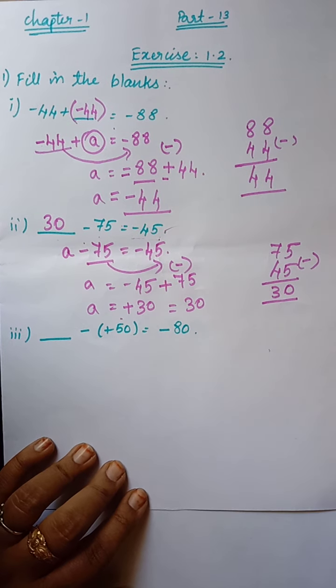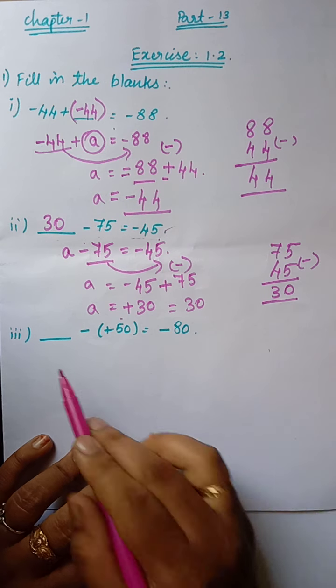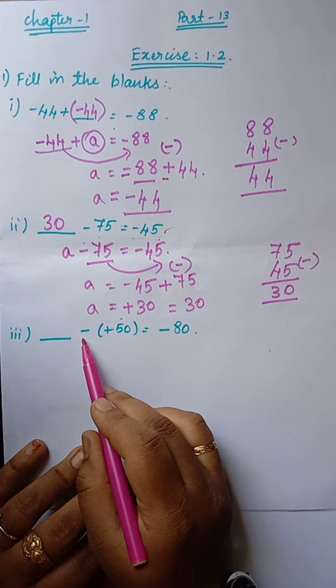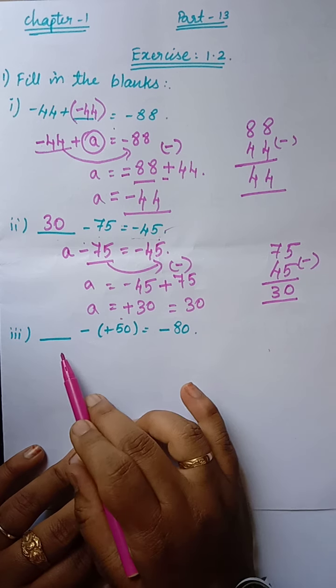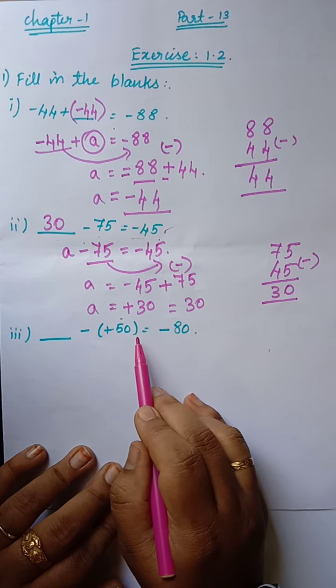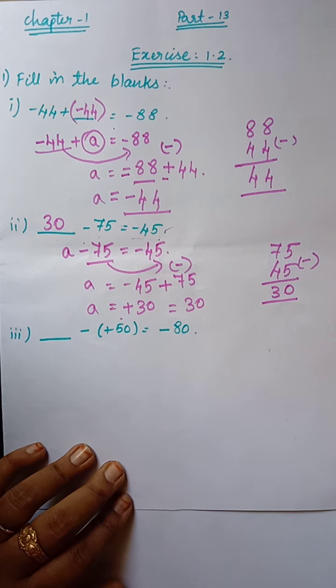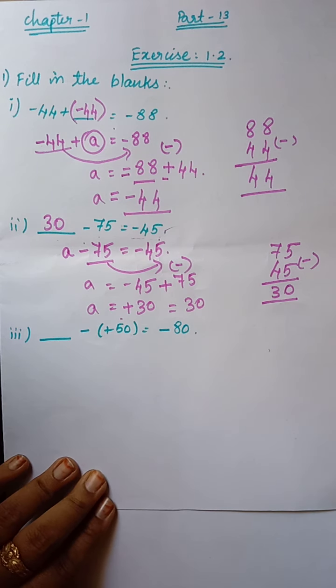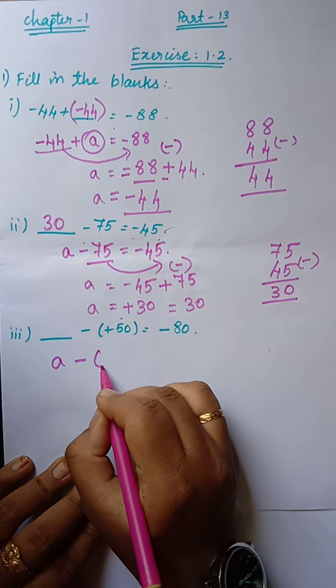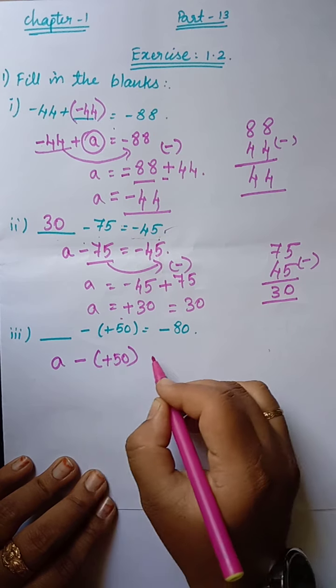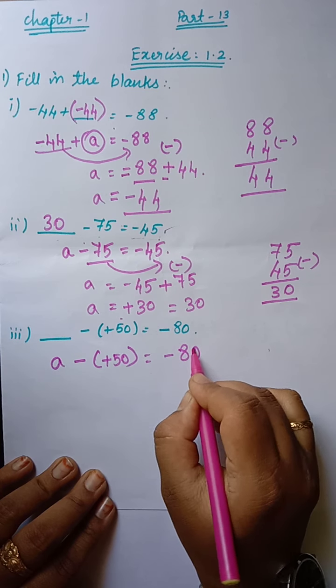Okay, now the next, third question is dash minus plus 50 equal to minus 80. As usual, for dash, what do we have to write here? For dash we have to write a. So a minus, the same thing, plus 50 equal to minus 80.